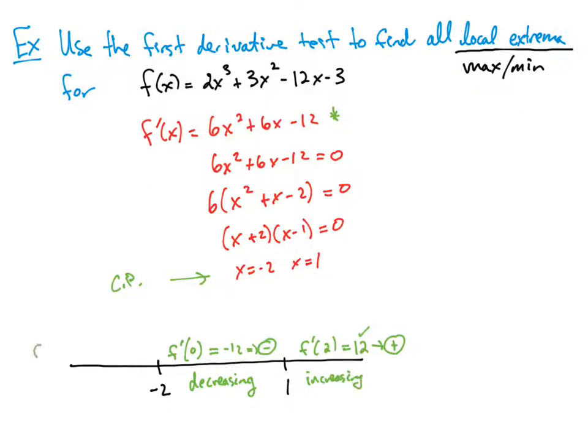And then let's pick something over here. I'm going to pick a really big negative number, f prime of -100. And the reason to do this is because when we're substituting, sometimes it's easy to just pick really, really big values, because that'll quickly tell us whether we're positive or negative.